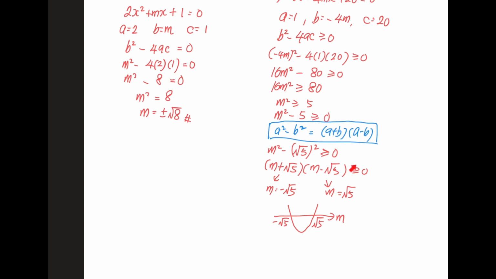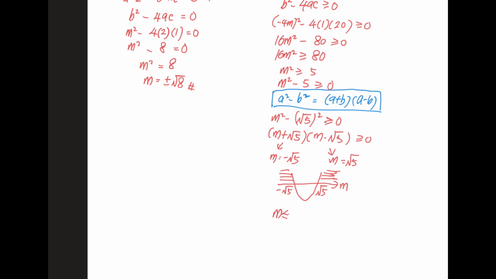Since the final inequality is greater than or equal to 0, we shade above the horizontal axis. Then we take this region and this region. So this region means m is less than or equal to minus root 5, and the region on the right means m more than or equal to root 5. So these are the two ranges accepted by the question.